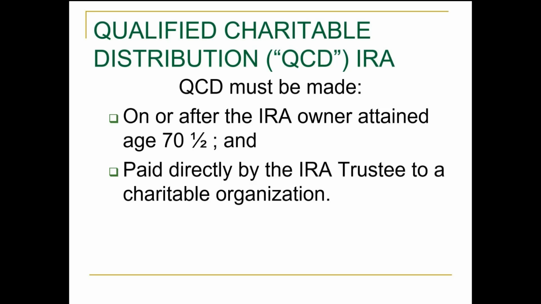So a QCD must be made on or after the IRA owner has attained age 70 and a half. Remember, that's the triggering date for the required minimum distribution, and it has to be paid directly by the IRA trustee to a charitable organization. So very specific requirements, and this is not a situation where I receive my required minimum distribution and then turn around and write a check to the charity.